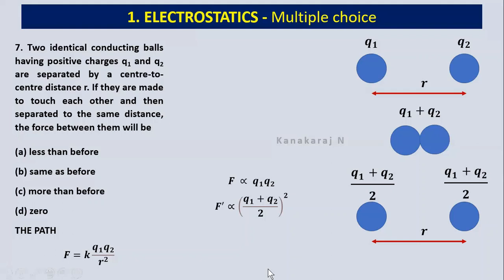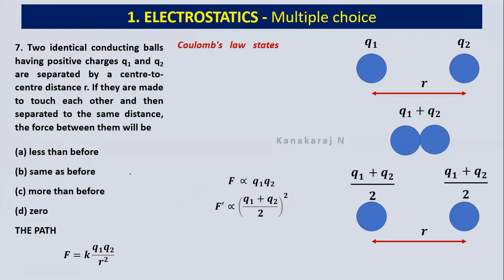So we can say that F prime is greater than F, because Q1 plus Q2 by 2 whole square is always greater than Q1 times Q2. This is how we can complete this problem, and we can say that the answer is more than before. But let us go the actual way of solving the problem.